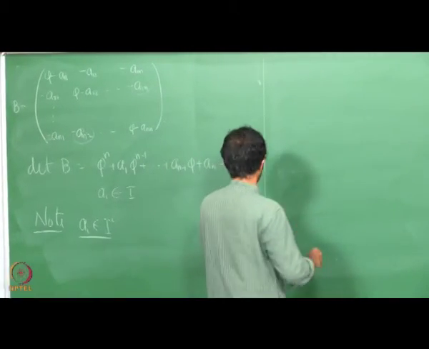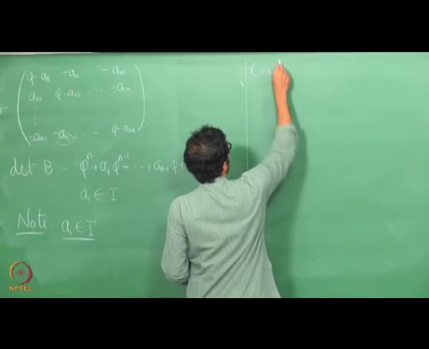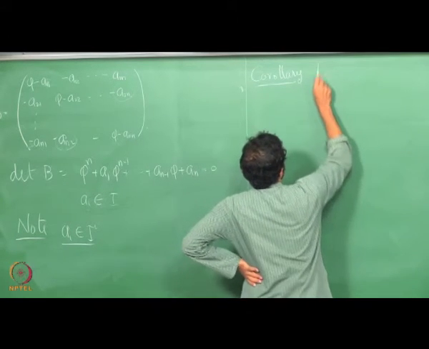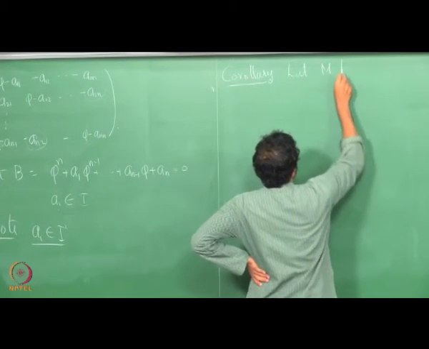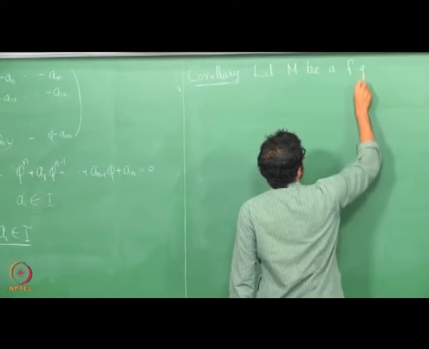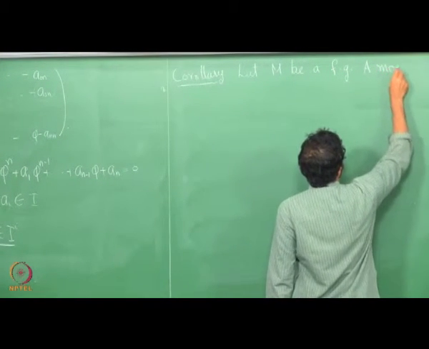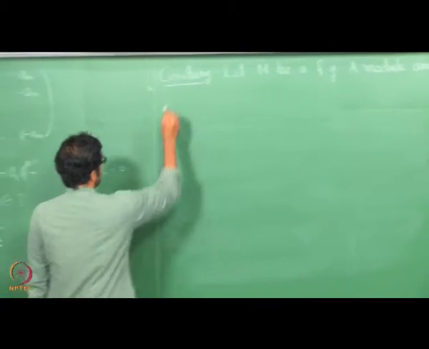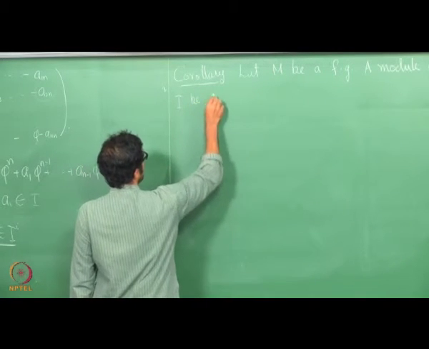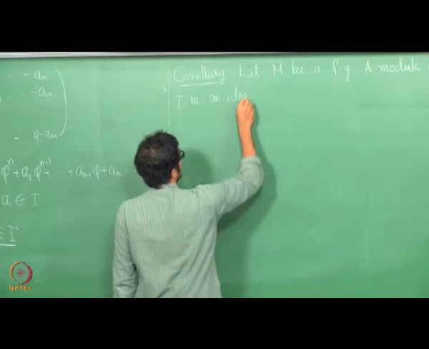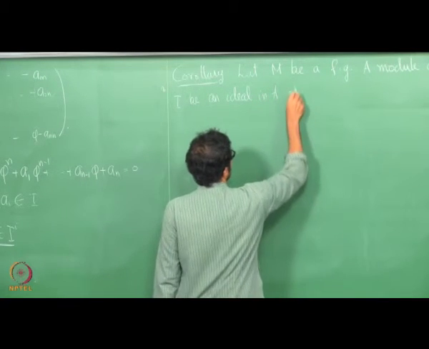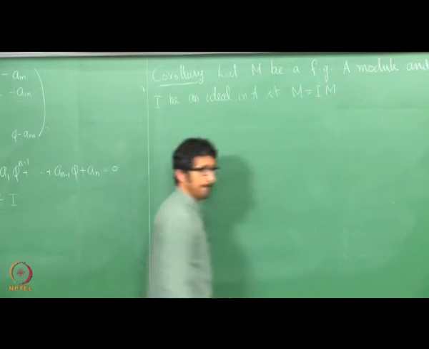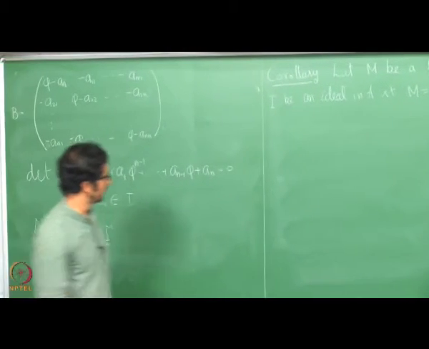This has a very important corollary. Suppose I take, let M be a finitely generated A module and I be an ideal in A such that M is equal to I M. Okay.